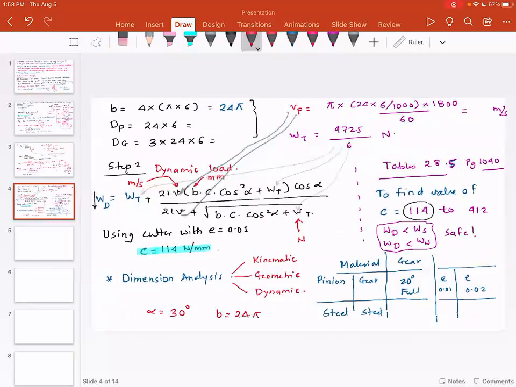And then the value of C, we selected C equal to 114. So with this, you should be able to find out the value of WD, and the answer for WD is going to be in newtons. Any questions on WD?